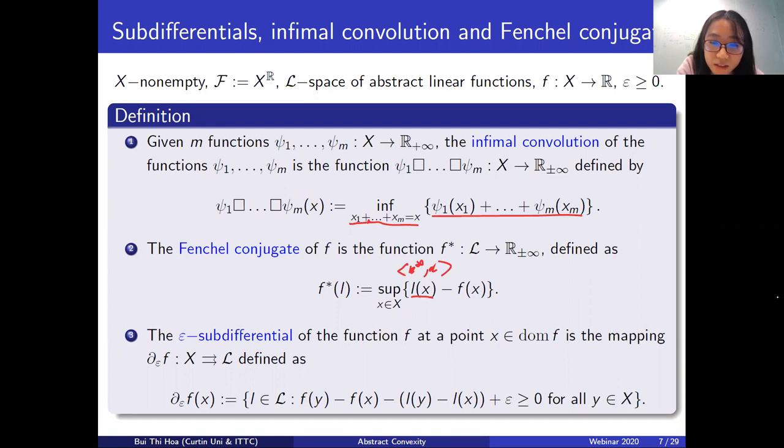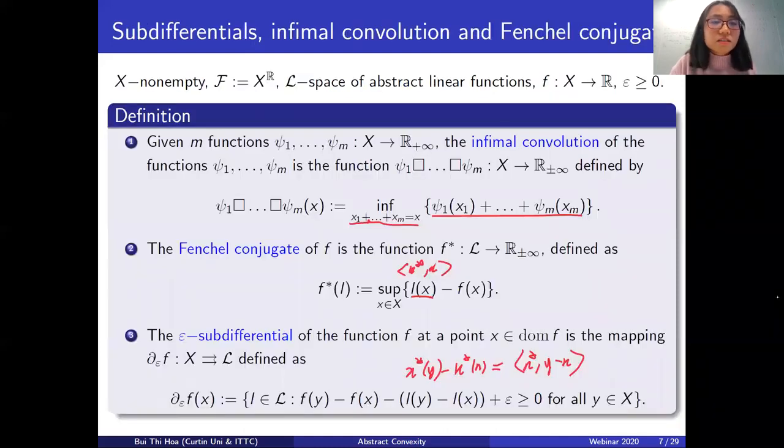For these definitions, if we replace this one as x star y, and then x star minus x star x, we're going to have x star y minus x. So this becomes a very standard definition in convex analysis as well. So the generalizations are very straightforward.